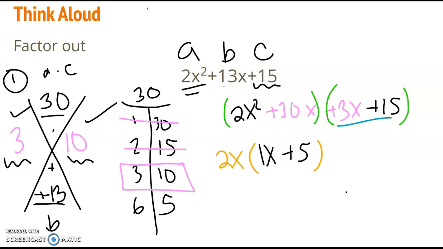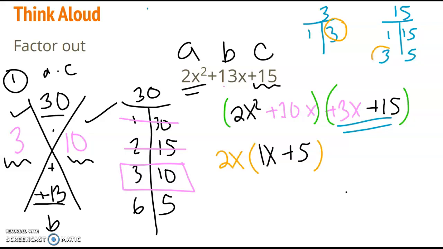We are now going to focus on the second set of parentheses, and we're going to do the exact same steps. So I see the number 3 and 15. I want to know what they have in common. Well, the factors of 3 are just 1 and 3. That's it. The factors of 15 are 1 times 15 and then 3 times 5. The greatest number they have in common is the number 3.